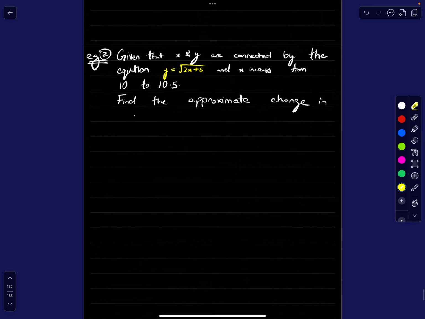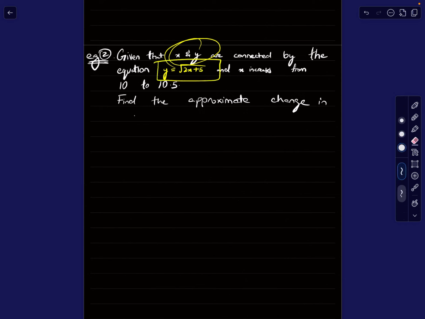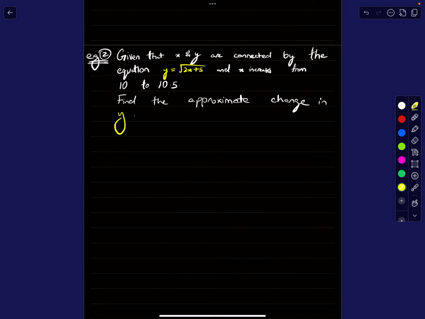Moving on, given that x and y are again related by an equation, and x increases, again x is the one changing this time too, from 10 to 10.5. Find the approximate change in y. It's a similar question. Again, the first step is always finding dy by dx, but before that I'll rewrite the equation of y so it becomes easier to differentiate.